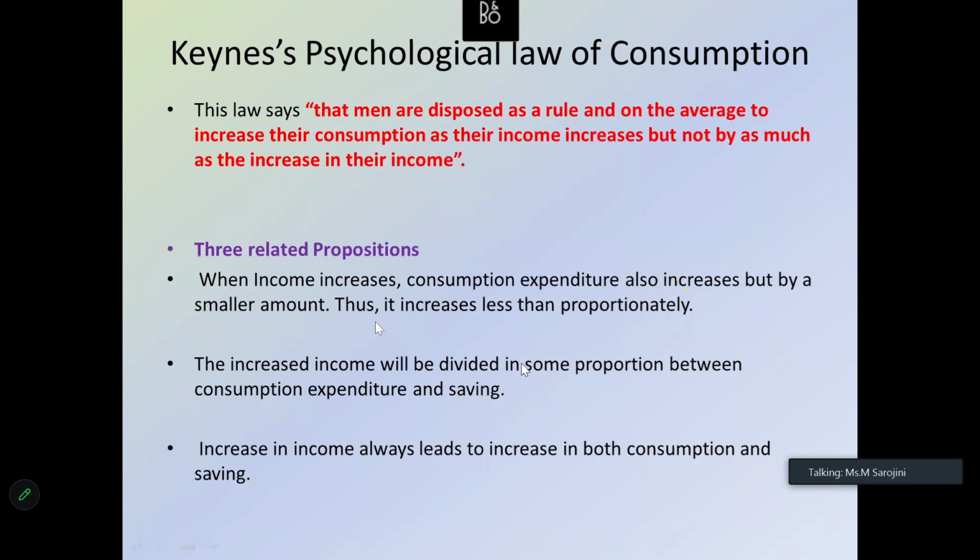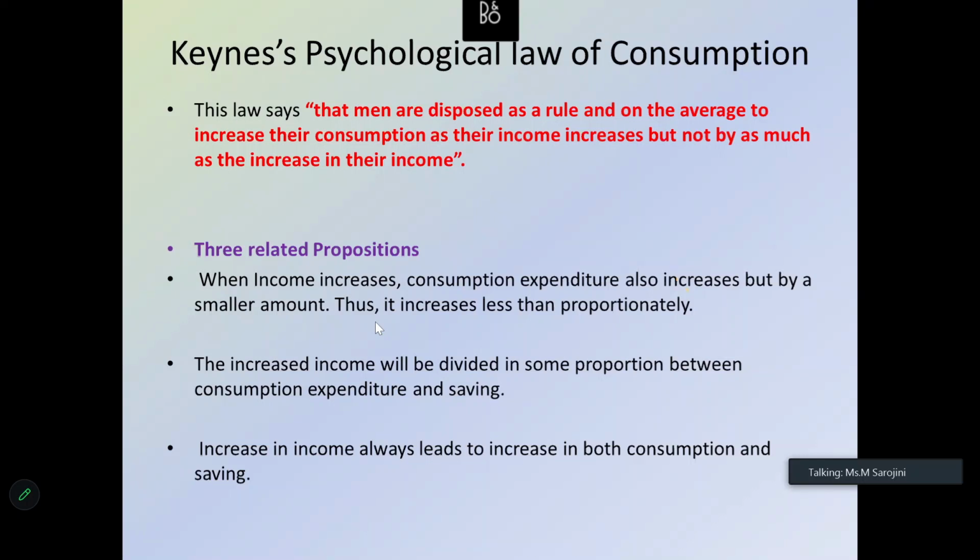Here again, please listen. There are three proportions. These three proportions are going to be explained using that schedule. The first one is when income increases, consumption expenditure also increases, but by a smaller amount. That means less than proportionality, not equal to income.